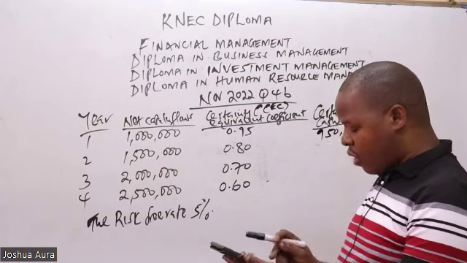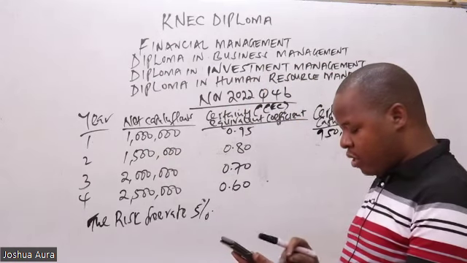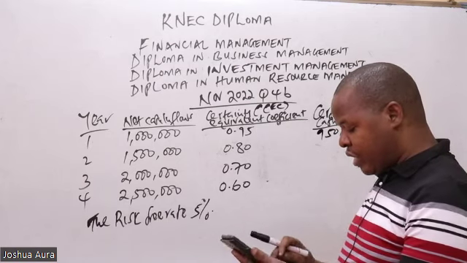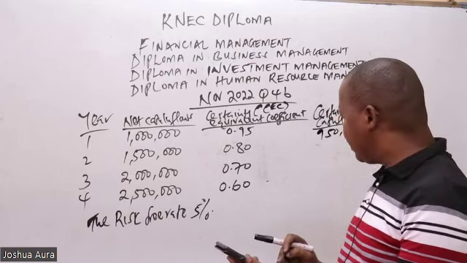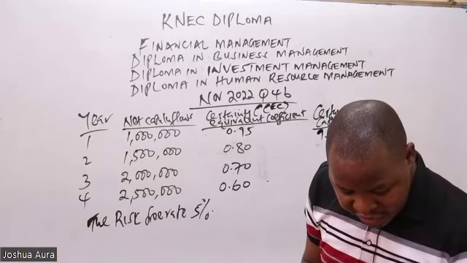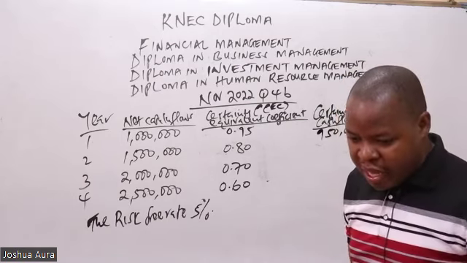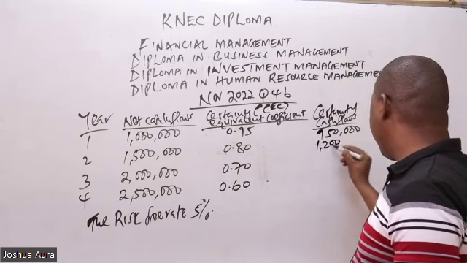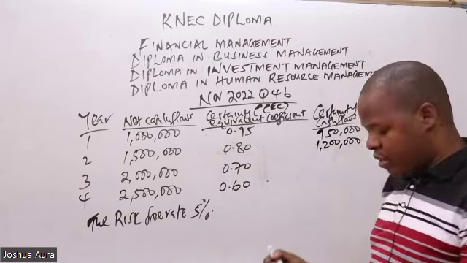For year two, 1.5 million times 0.8 gives 1,200,000.